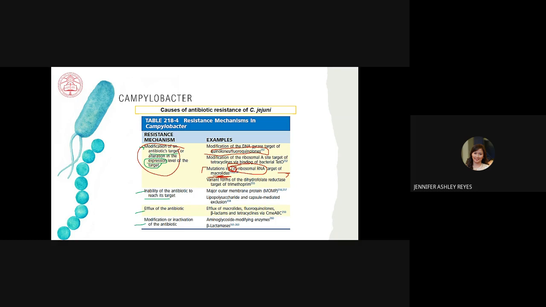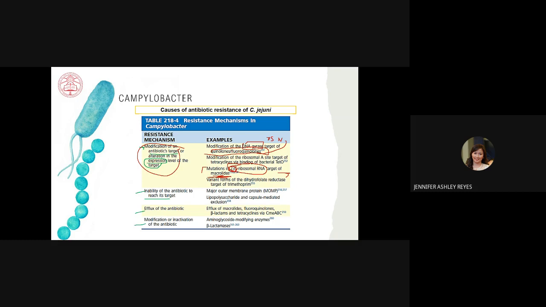So the Campylobacter can acquire mutations in the genes that encode DNA gyrase and topoisomerase 4. And when that happens, itong target ng mga quinolones na DNA gyrase and topoisomerase 4, for example, si ciprofloxacin, hindi na siya makabind properly to those antibiotic targets, so there will be diminishing of the ability to interfere with the bacterial DNA replication and repair.